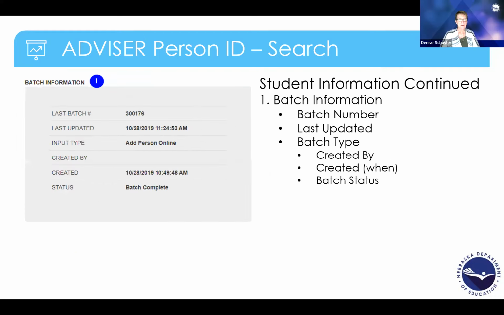So that batch information box is going to show you the batch number this ID number had last been updated in, when it was, whether it was a file upload or an enter online, and when it was created and the batch status.